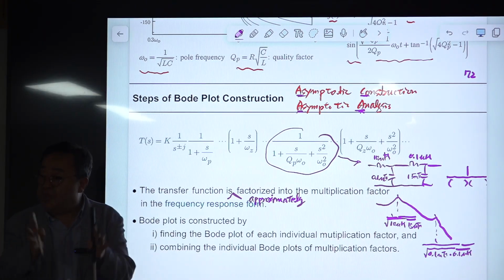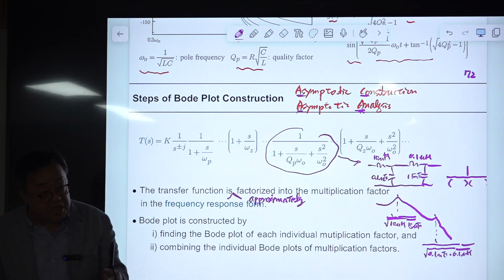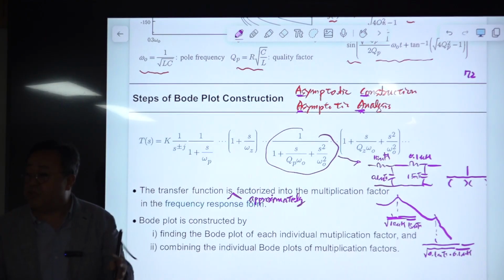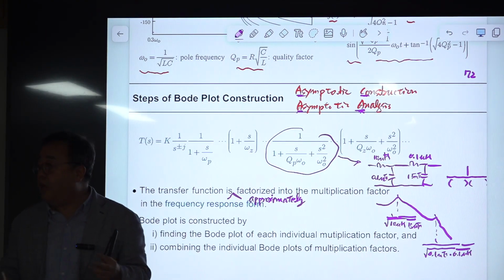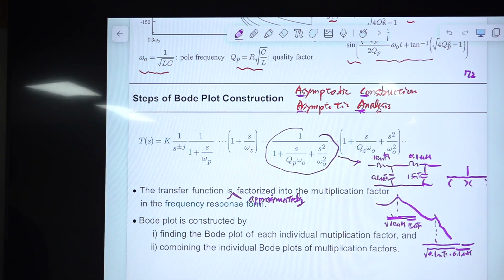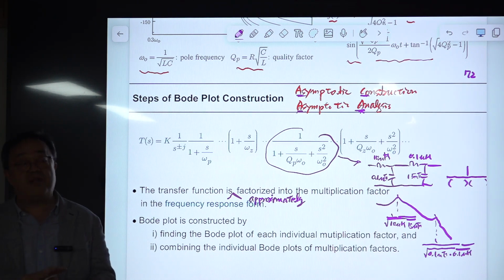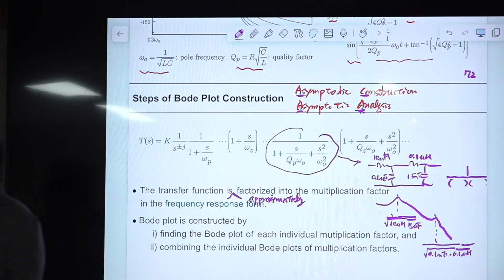Combining them is very natural and easily done graphically. That is the one best advantage of the Bode plot. If you use some other plot, like a polar plot or Nichols plot, that feature is gone.